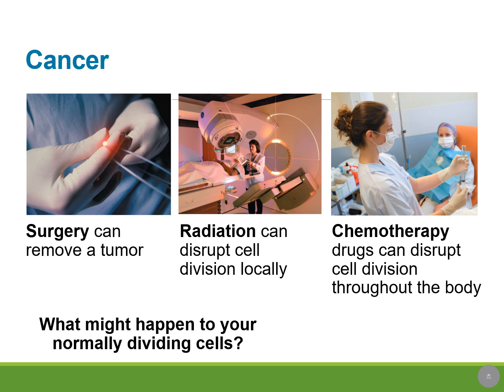It often will find other cells and kill them. So what might happen to your normally dividing cells? Well, if your normal dividing cells go through this process and can potentially continue to divide, you still might have cancerous cells in your body even if you've done these processes.